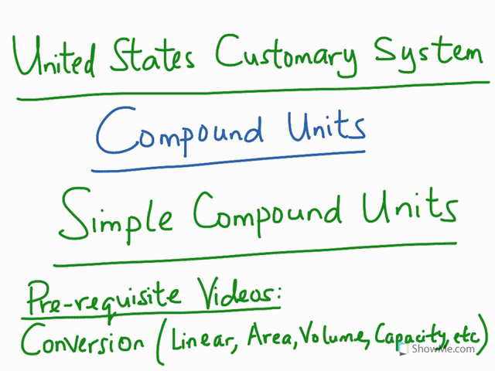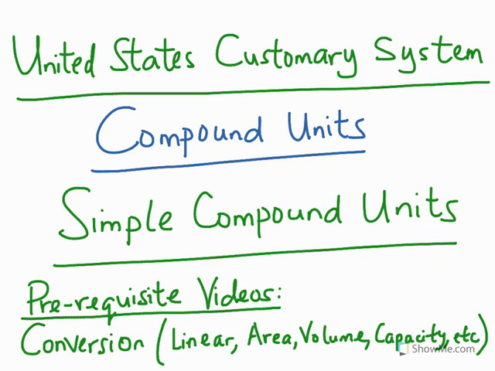Fundamental quantities are those quantities that cannot be derived from any other quantity, something like length, mass, time, temperature, and so on. Derived quantities are quantities that are derived from the fundamental quantities.